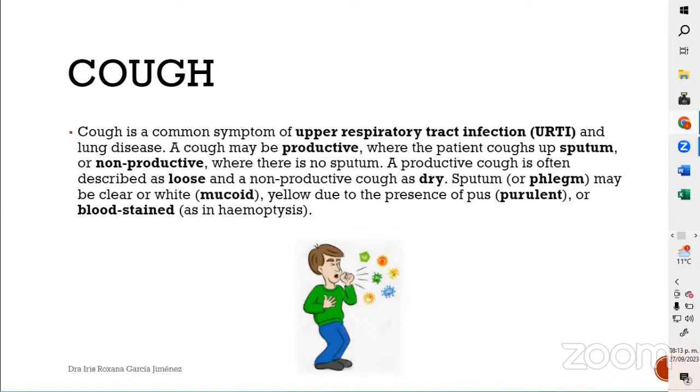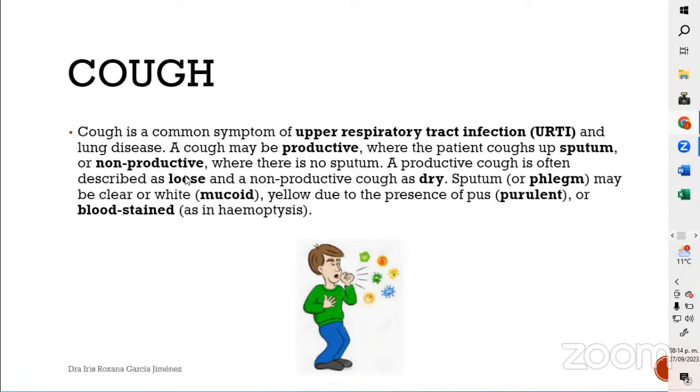So, you can see it could be productive if it gets a sputum, or non-productive if there is no sputum, nothing to leave away, right? As the slide says, the cough is very common. A very common way to describe it is as loose. I mean, patients could say, I'm coughing and with a loose.